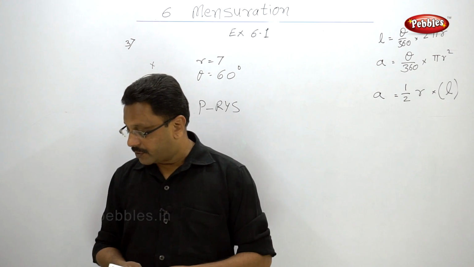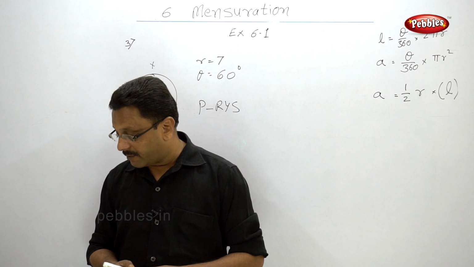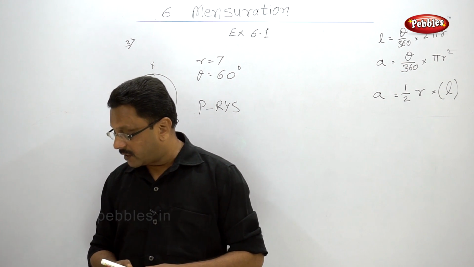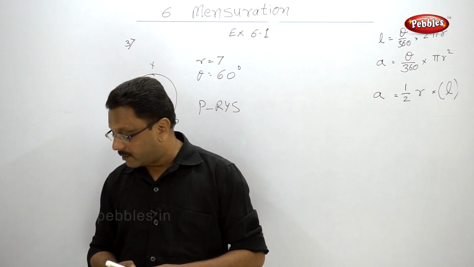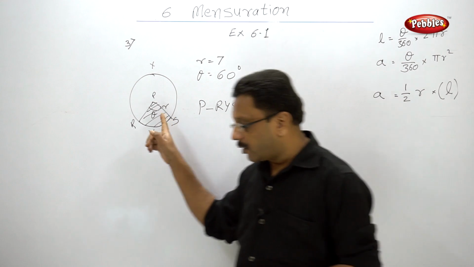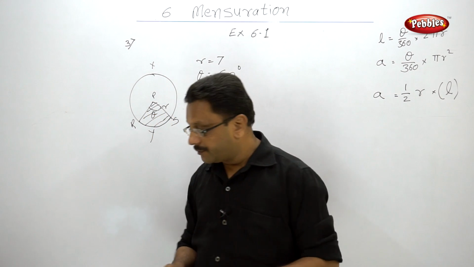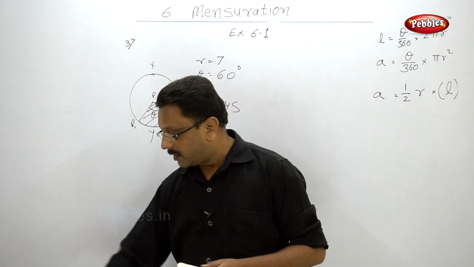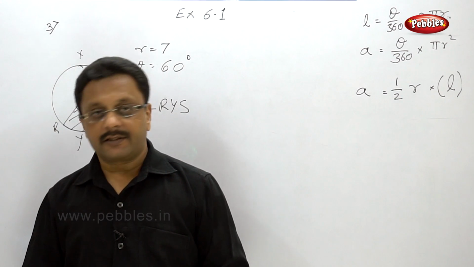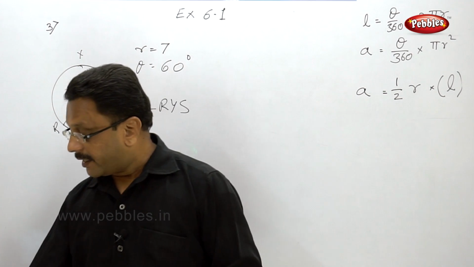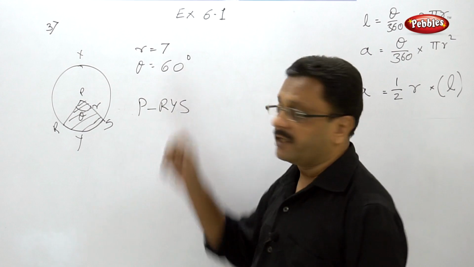The radius of a circle is 7 centimeters. Find the area of the sector of this circle if the corresponding angles are, now they are given for different angles. First angle they have given is 30 degrees, second angle 210 degrees, and third is 3 right angles. Radius of the circle is given, 7 centimeters.